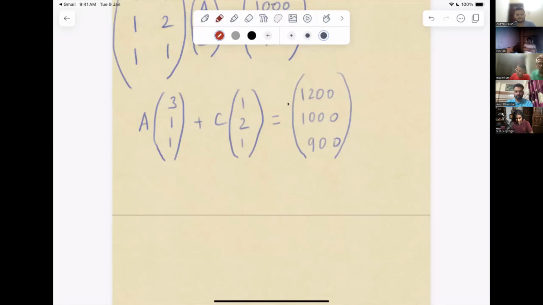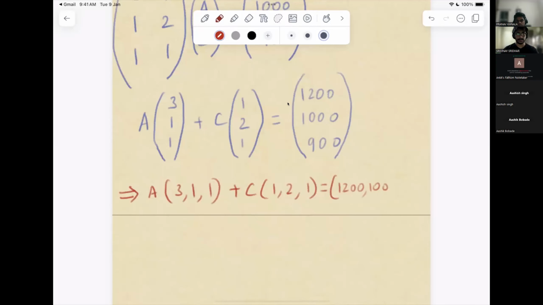This is same as 3A times the point 311, correct? Plus C times the point 121 is equal to the point 1200, 1000, 900.